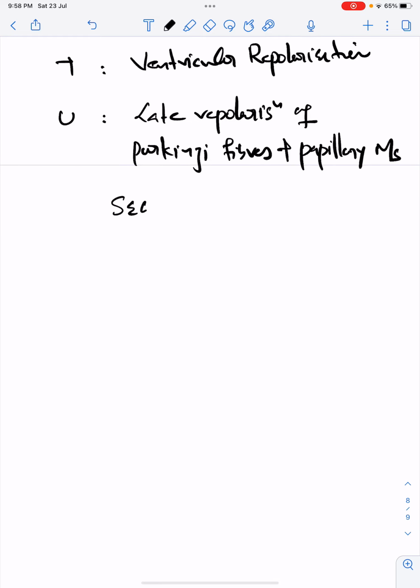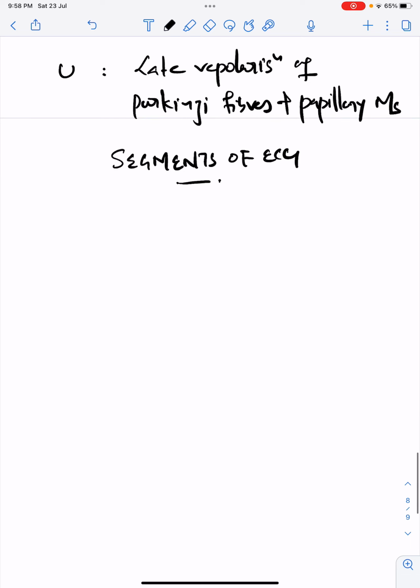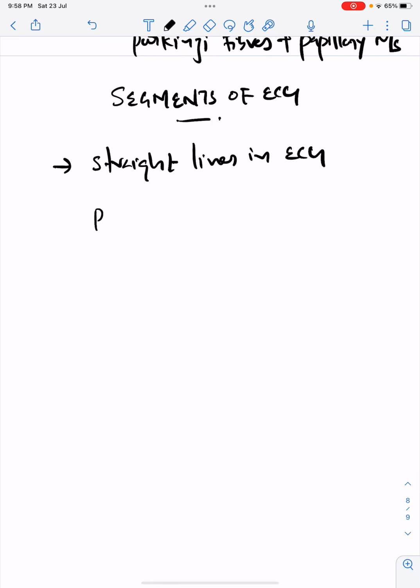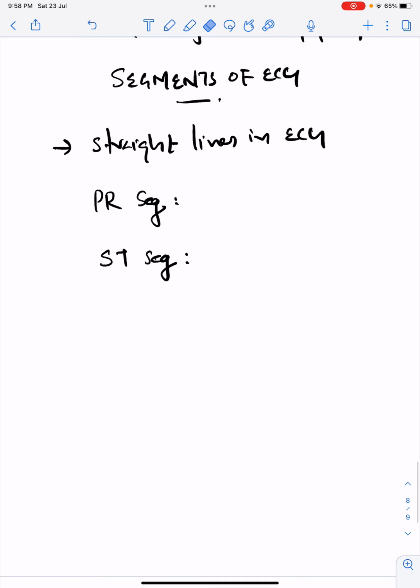Now about segments of ECG. Segments are nothing but straight lines in the ECG. So there are basically two segments, PR segment and ST segment.